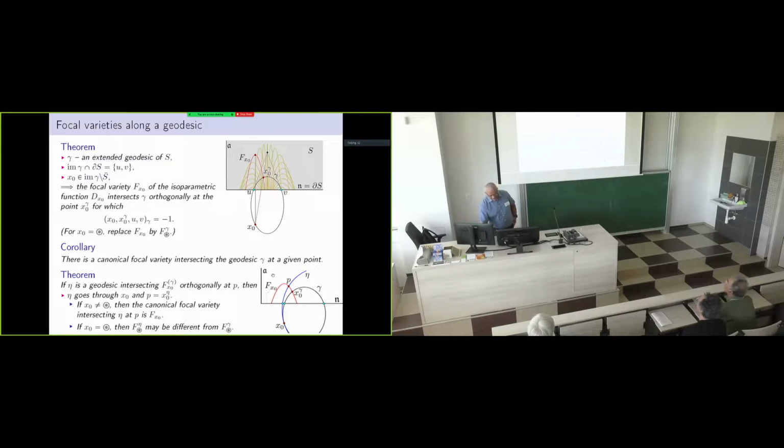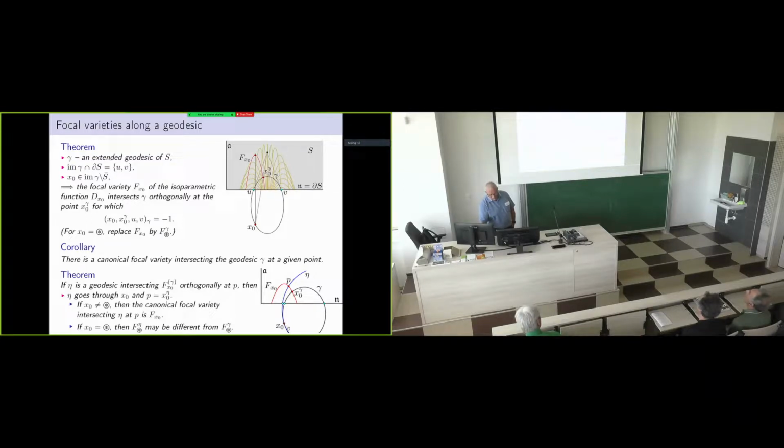If you take one focal surface, or focal variety, which intersects gamma at this point, and it corresponds to gamma. Then if you pick another geodesic which meets this focal variety orthogonally, it can be checked that this geodesic will also go through the same point x0.